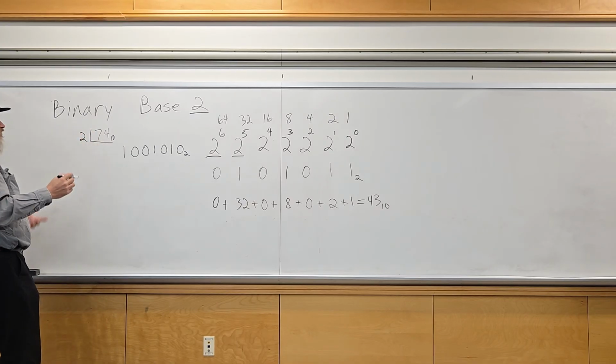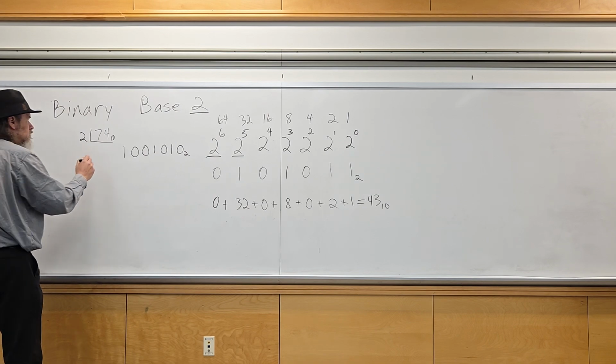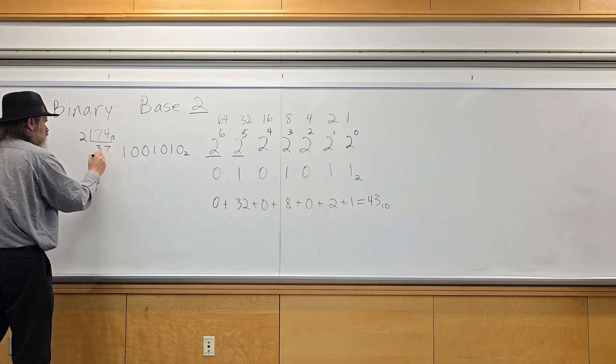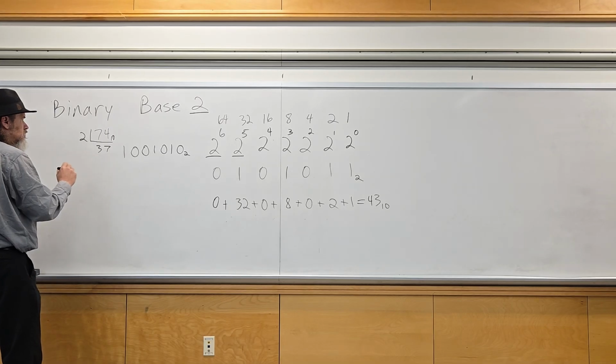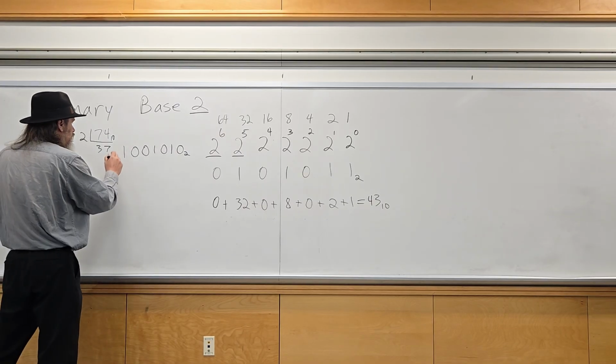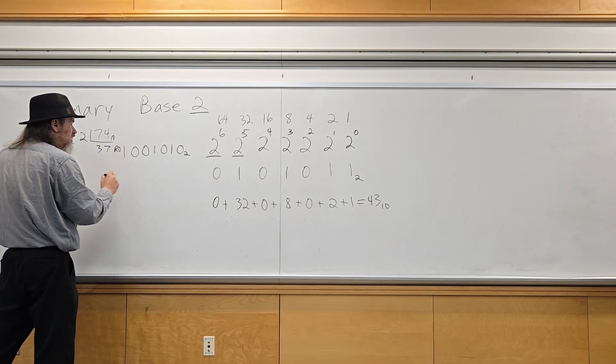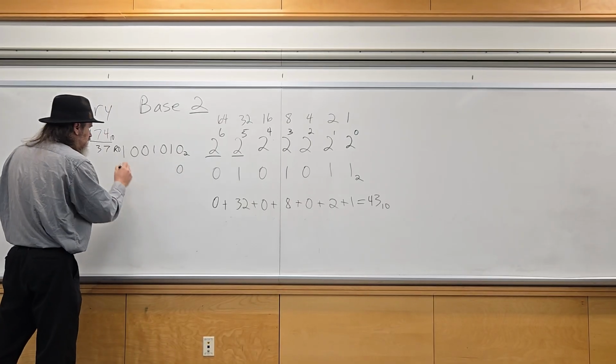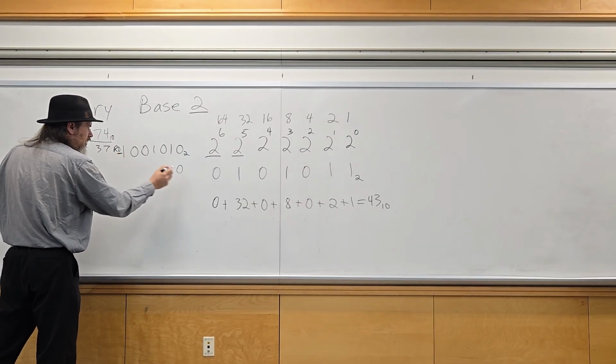And that gives you, what, 37? Yeah, 37, with a remainder of 0. So you put a 0 here. You put the remainder over here.